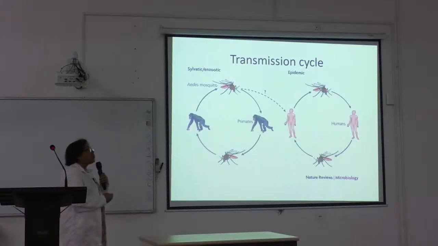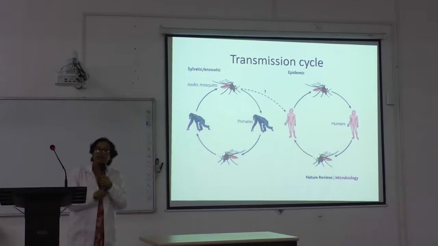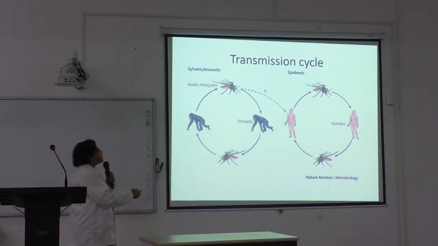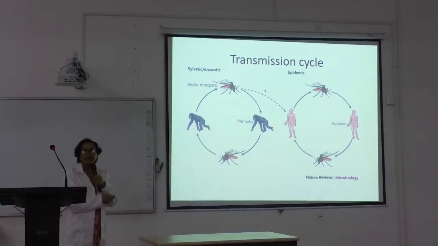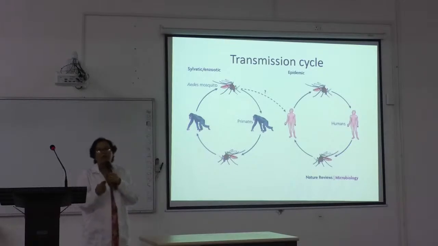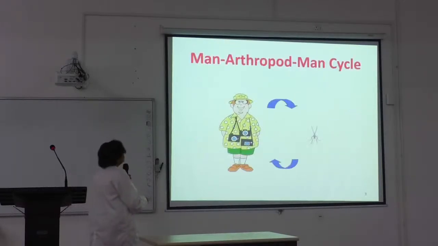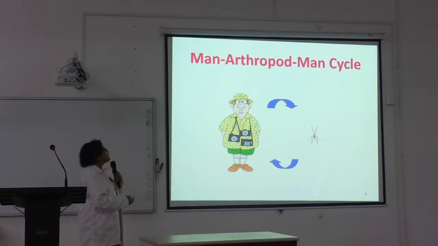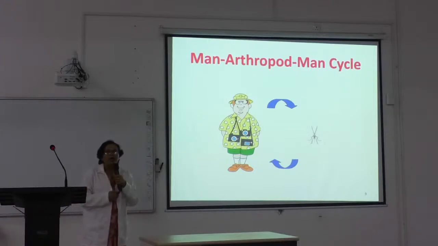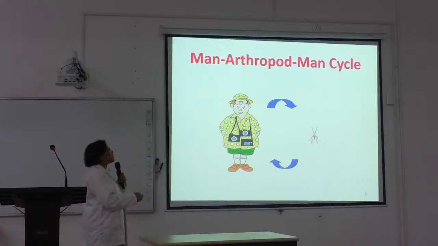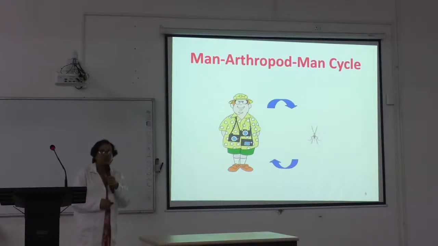So the viruses are not dying, they are living in the jungle, but incidentally, when a human being comes in contact, they are attacked with the virus by the bite of a mosquito or tick or fly, etc. You can see this smiling tourist, but when he goes to a dengue-prone area and a mosquito bites, he becomes infected, and from this infected person, by the bite of a mosquito, another person may be infected.